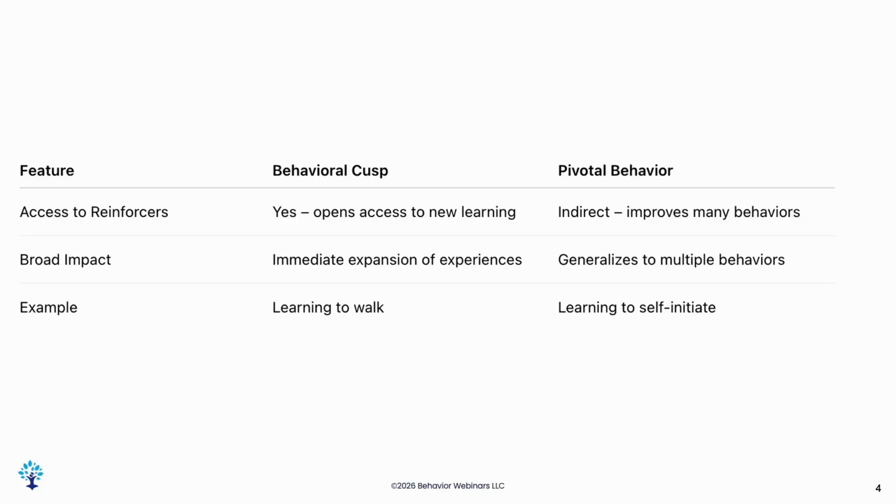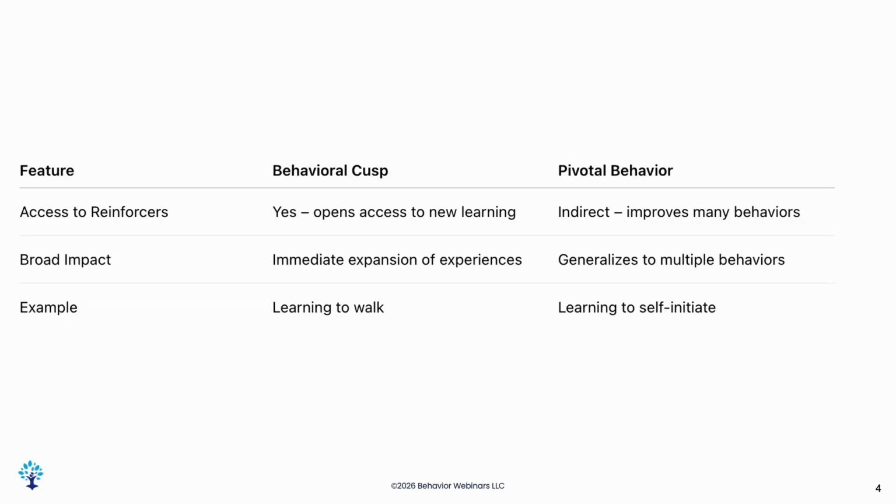An example of a behavior cusp is learning to walk. That's the biggest one. Children go through these behavior cusps that are really fun to watch if you're a parent, nanny, or take care of little kids in some way. There's a lot of these behavior cusps that people just naturally go through. And like pivotal behavior might be learning to self-initiate.